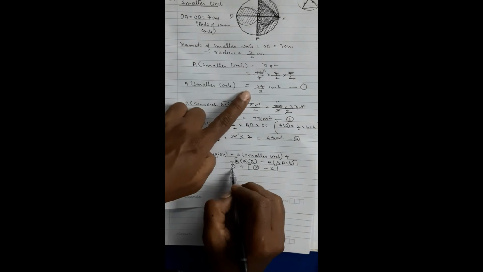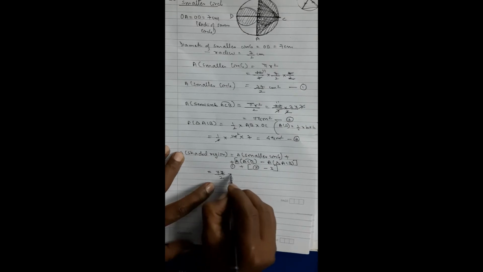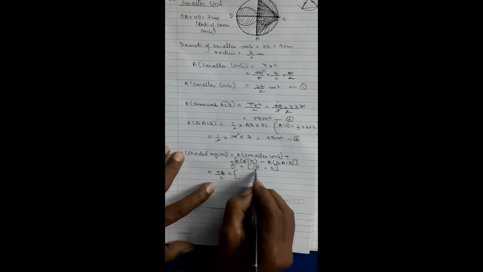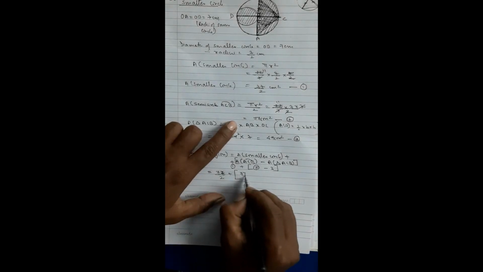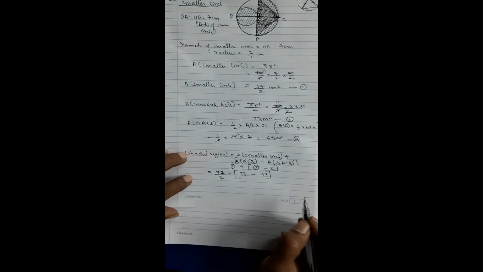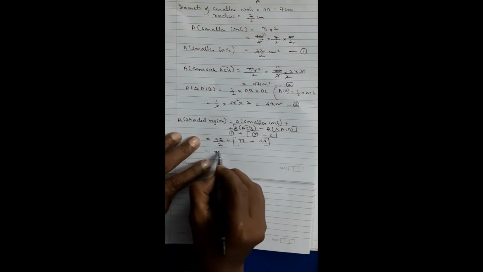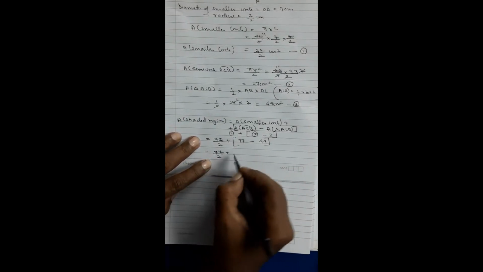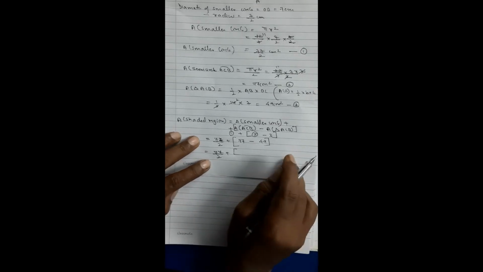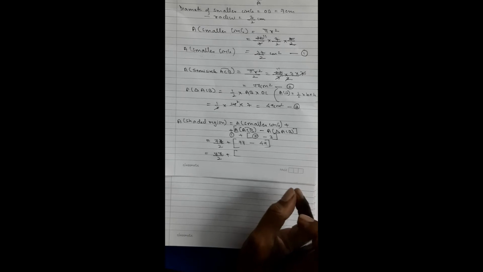So 1 is 77 upon 2, plus here 2 is 77 minus 49. Okay, so what do we get over here? 77 upon 2 plus, if I subtract 49 from 77, 28.